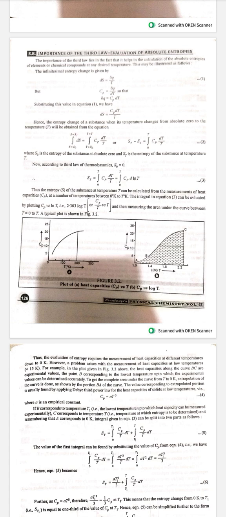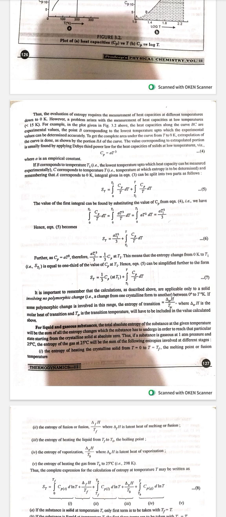Substituting in the equation, dS is equal to Cp dT upon T. Integrating, the equation is S_T minus S_0 equal to the integral from 0 to T of Cp dT upon T. Now, according to the third law of thermodynamics, S_0 is equal to 0, so S_T is equal to the integral from 0 to T of Cp dT upon T, which is the integral from 0 to T of Cp d ln T. Thus the absolute entropy at a given temperature can be calculated from measurements of heat capacities at a number of temperatures, and this is the given graph.